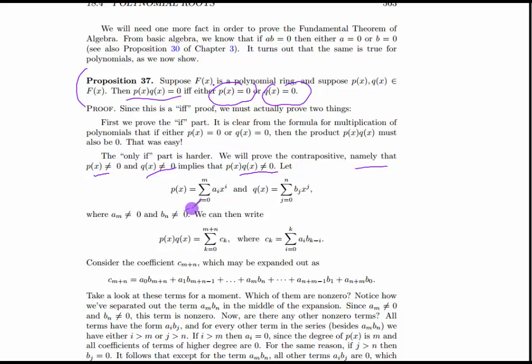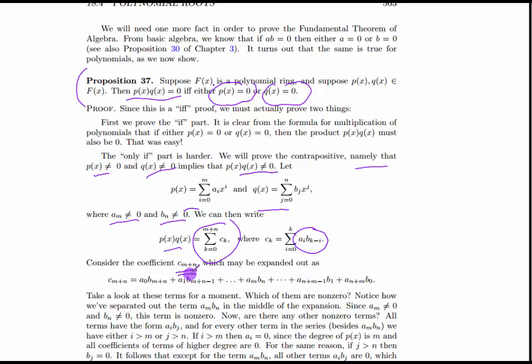All right, so if you have two non-zero polynomials, and we're writing this so that m is the degree of p and n is the degree of q, that means that a_m is not 0 and b_n is not 0. If we write pq, we use our formula for the coefficients. Now consider the coefficient c_(m+n).